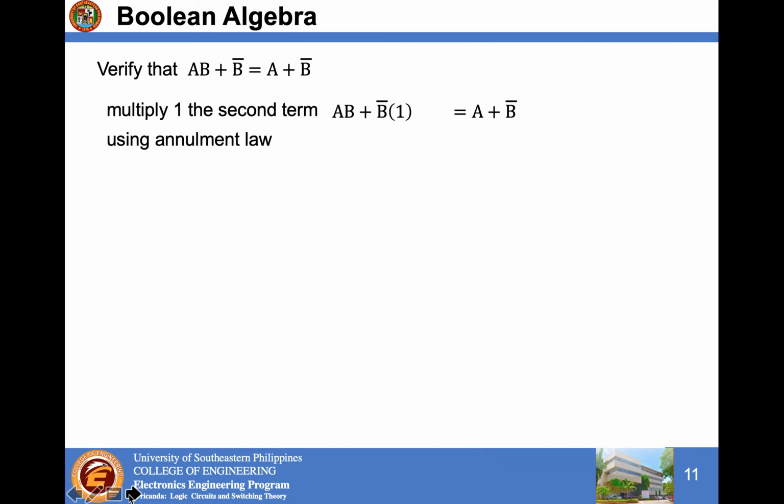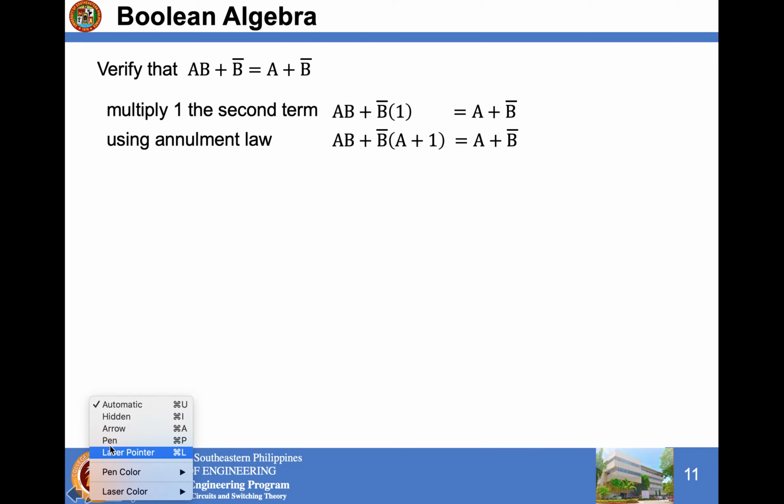Then, using the annulment law, A or 1 has a result of 1. So we have AB or B bar, and with A or 1. This is the annulment law, since the output of this one is equivalent to 1.